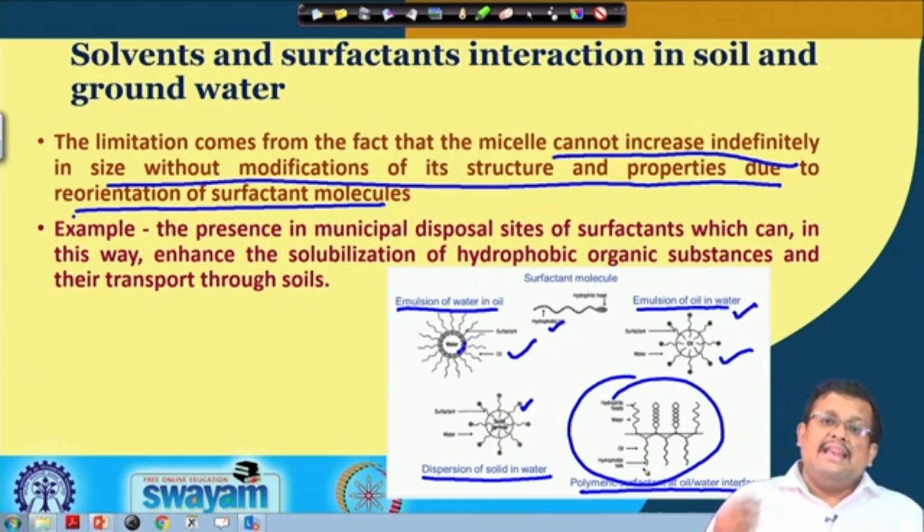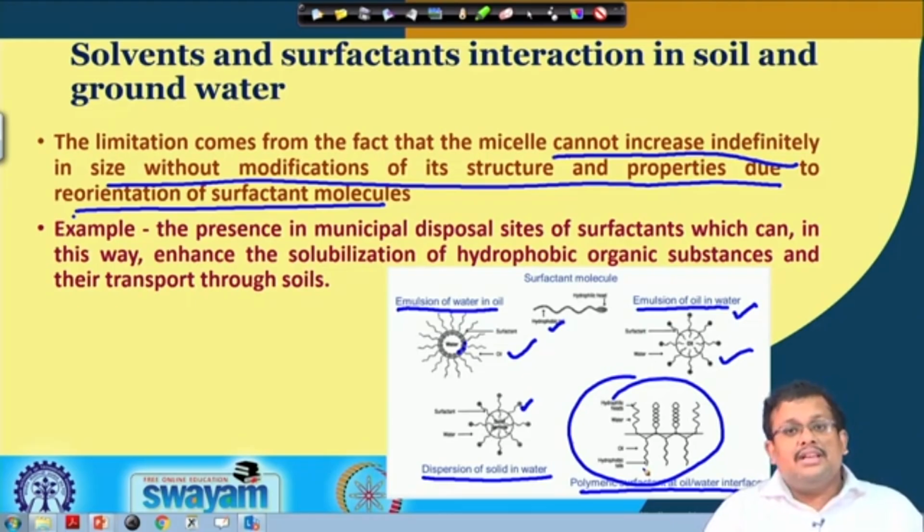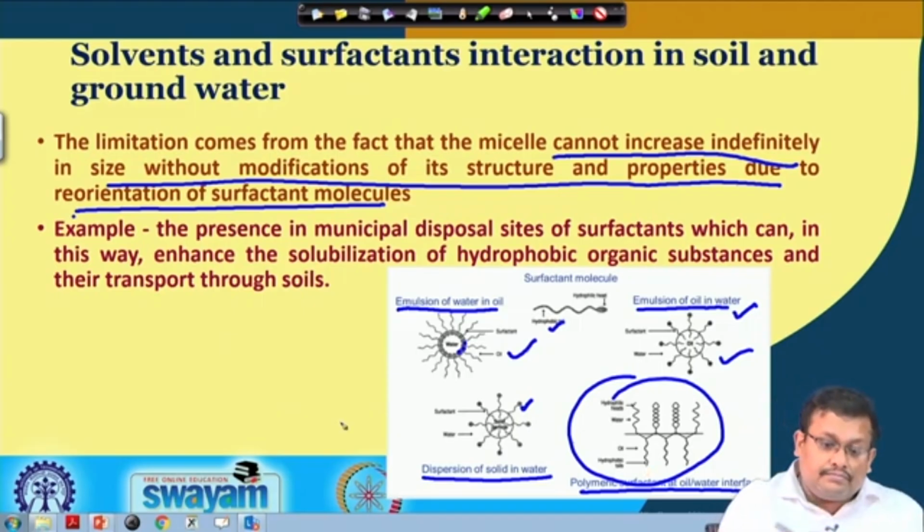They can enhance the solubility of harmful toxic organic chemicals which are non-polar in nature. Since they are non-polar, they cannot mix in polar water. For their mixture in water and to form an emulsion, they require the help of surfactants, and in this way surfactants are not beneficial from the environmental point of view.